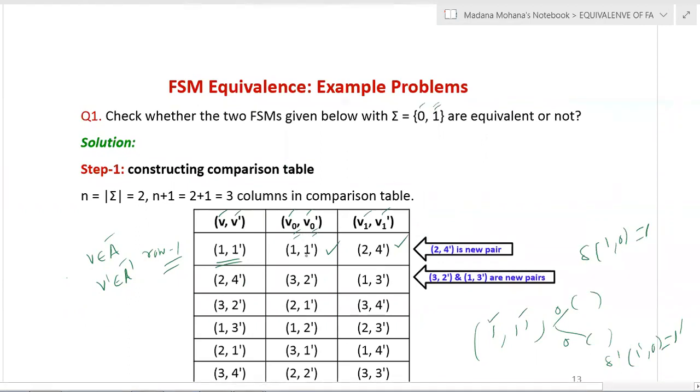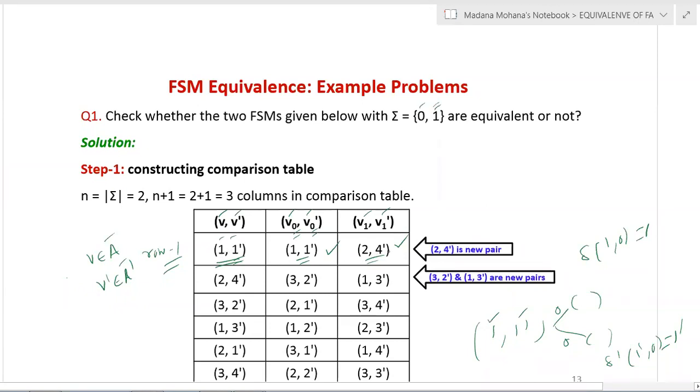Now you can see 1 comma 1 dash is the same as the current one under column 1, but 2 comma 4 dash is the new pair that has not occurred previously in column 1. In column 1 initially we have taken only 1 comma 1 dash.